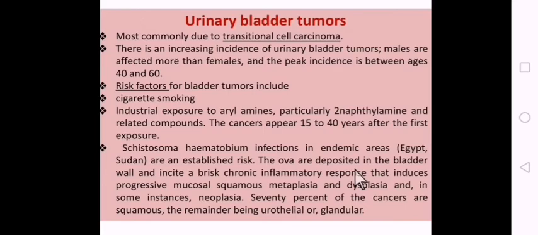Schistosoma haematobium infection in endemic areas like Egypt or Sudan is an established risk. ليش؟ لأن الأوفا deposited in the bladder wall, and they incite a brisk chronic inflammatory response. فايش راح يصير هذا الكرونيك irritation and inflammation lead to squamous metaplasia.